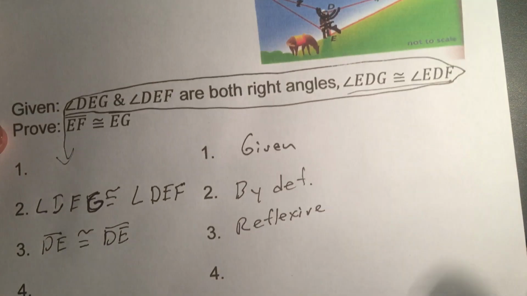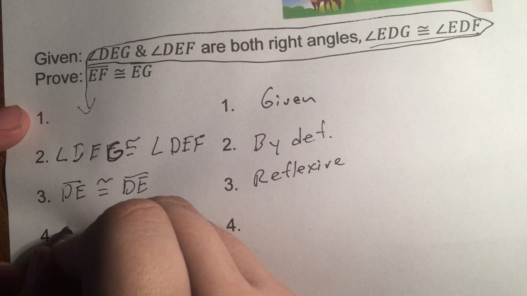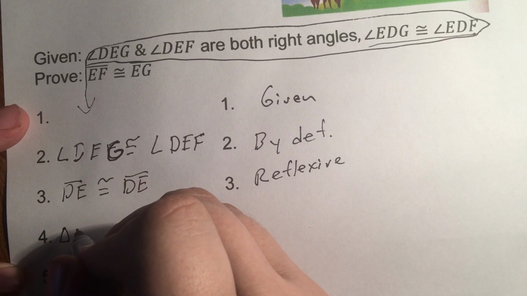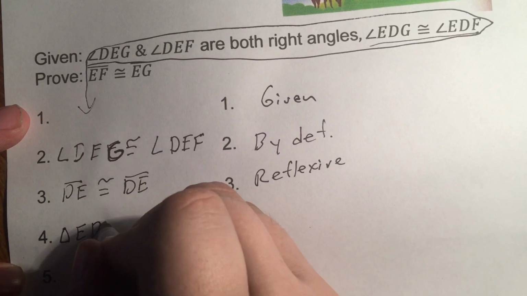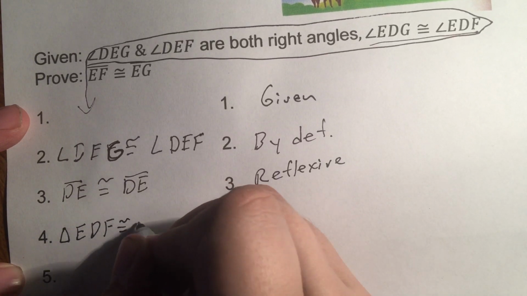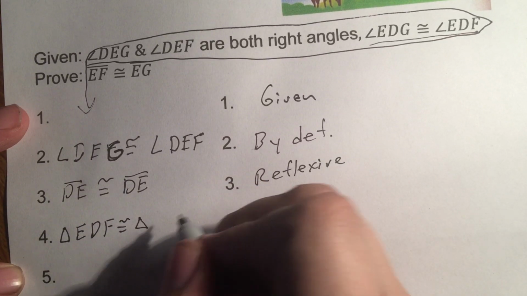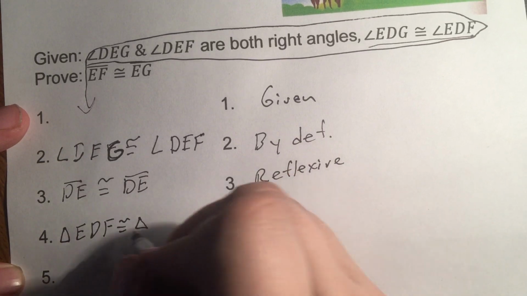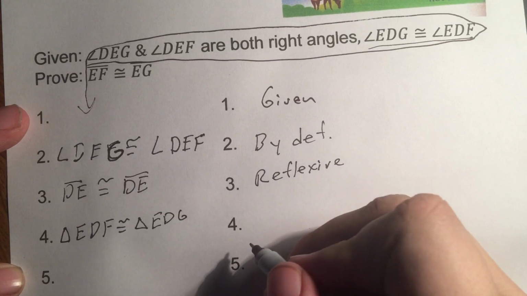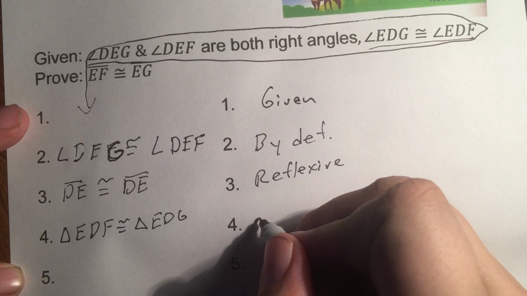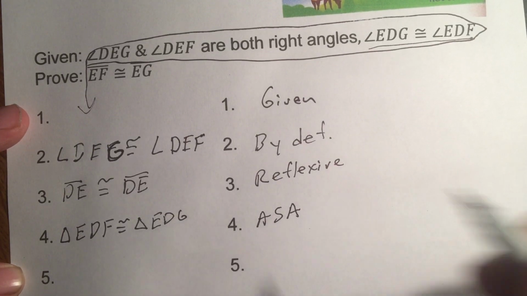So angle side angle, so we can say that the triangles are congruent. So triangle EDF is going to be congruent to triangle EDG. And that is going to be by angle side angle.